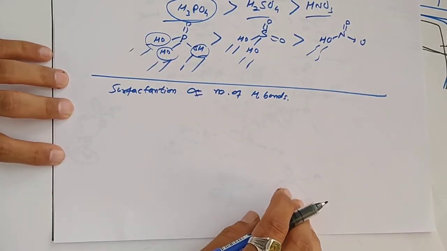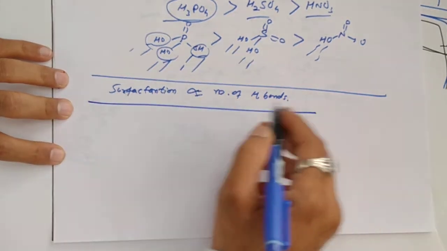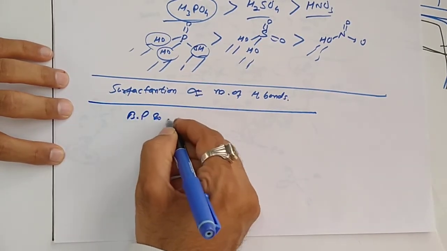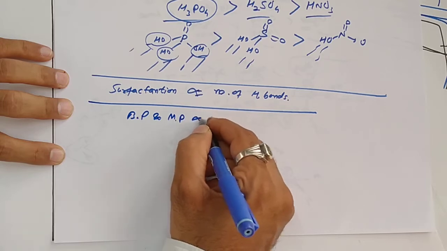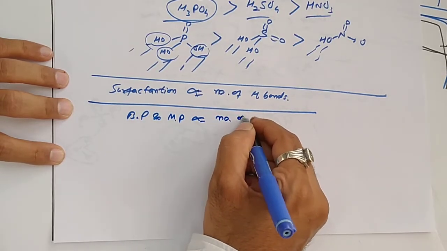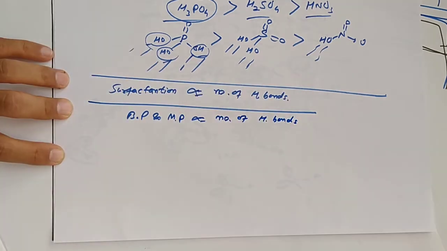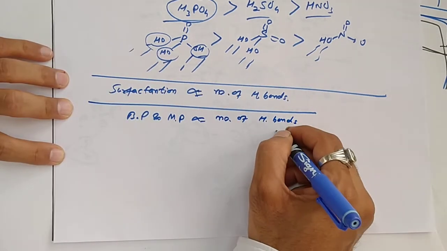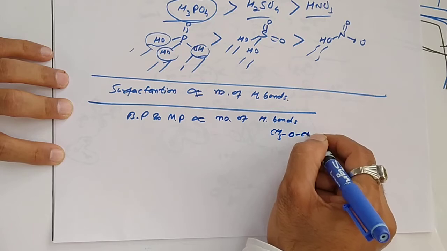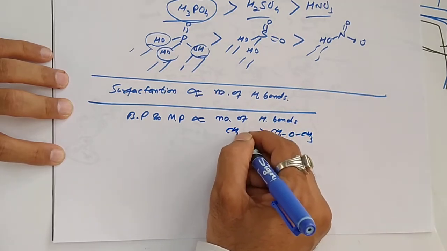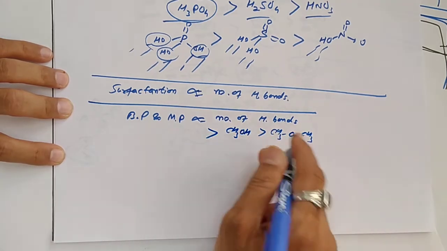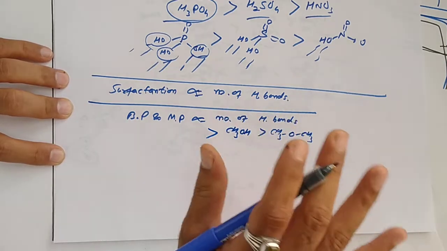Now boiling point and melting point are also directly proportional to the number of hydrogen bonds. You can see the boiling point of methanol is higher than ether, having near about the same molecular mass.